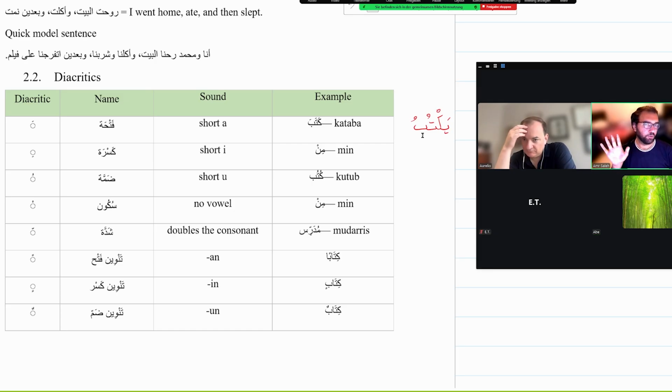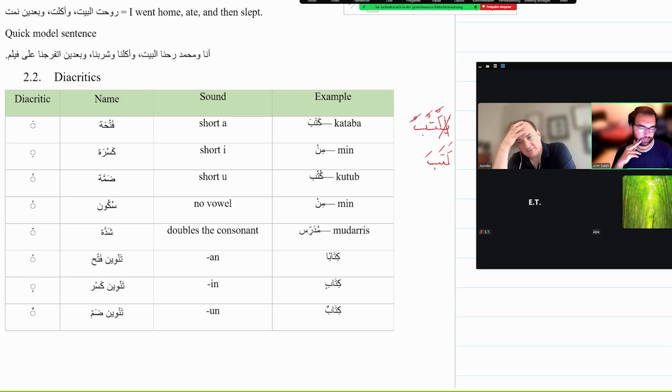This is more MSA, but just to show the idea. If you want to turn the word into a stem word, you're going to remove the ya. Remove any vowel that you might encounter. Here we don't have any. Remove all the diacritics. Write only the consonants. Add fatha everywhere, and you have the root word.